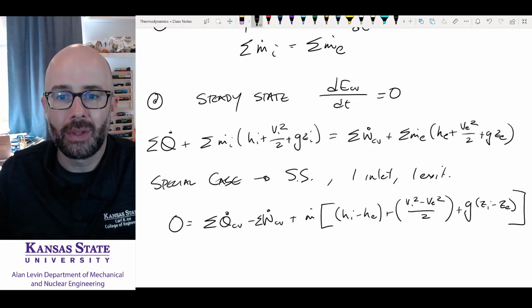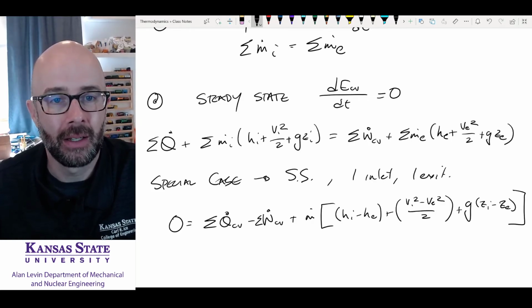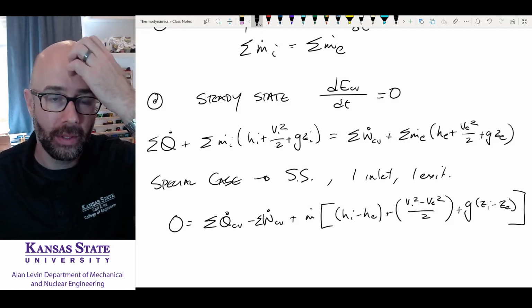Okay? Why do we do it this way? Because the mass flow rate in has to equal the mass flow rate out if it's one inlet, one exit. So m dot in is equal to m dot out. We can pull that out of the equation and work with it here.